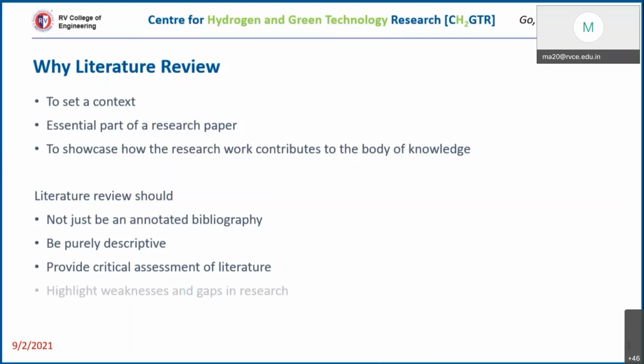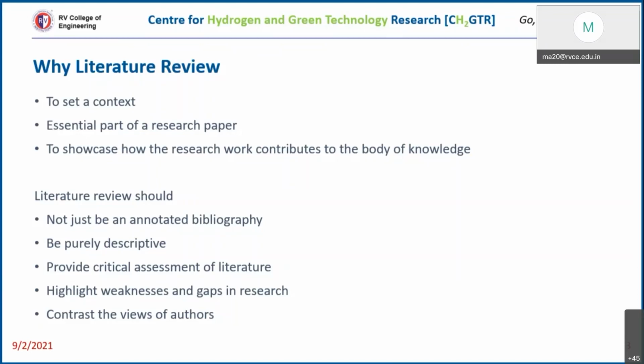It should highlight the weaknesses and gaps in research. At the same time, different authors have different opinions and views, based on the experimental work they have carried out or on their own opinion. So it should also bring out those opinions, whether a difference in opinion, or similar thoughts, similar results, similar experience. All those things should be clearly indicated.